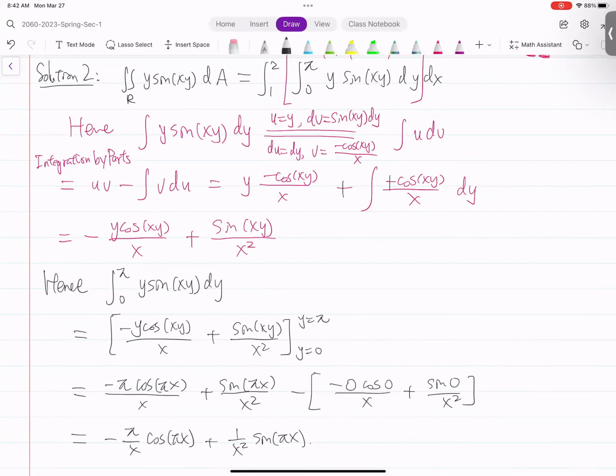In the above, if you're looking at this integral right here, we still need to do the definite integral with respect to x from 1 to 2.